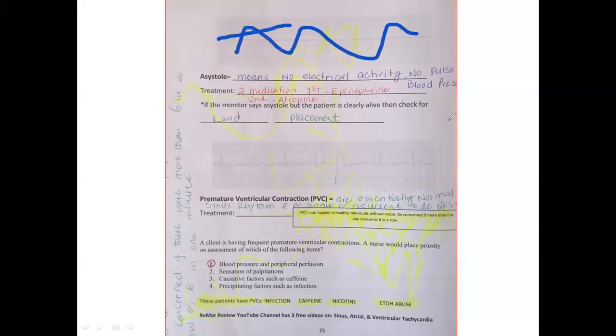If there is no wave, it means death, life is gone, passed away, and it is called asystole. Asystole means no electrical activity, no pulse rate, no blood pressure.